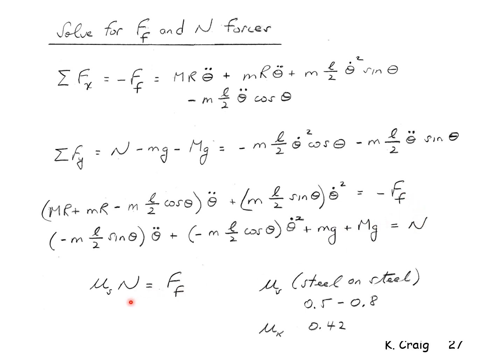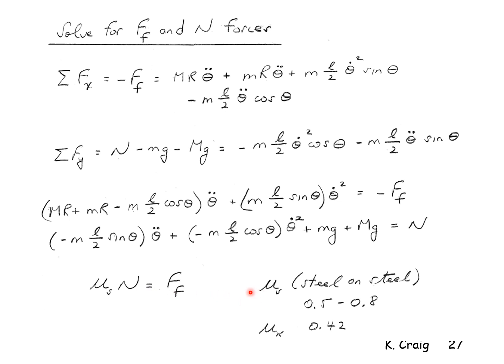We know when two surfaces are in contact and you have Coulomb friction, dry friction, the system parameter, the system characteristic, is the coefficient of static friction. There's also a coefficient of kinetic friction when we actually have slipping motion between two surfaces, but here we have no slip, we're using static friction, and you see that the coefficient of static friction is equal to the ratio of the friction force to the normal force.